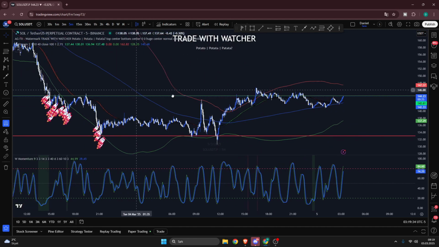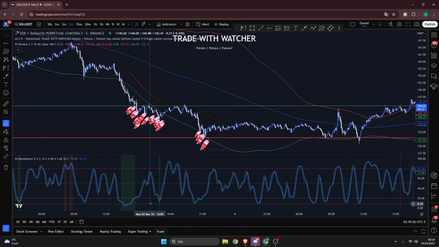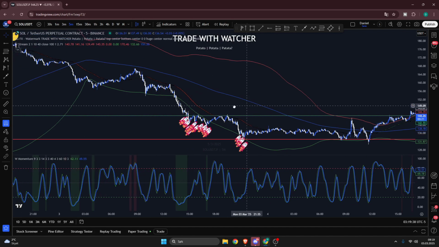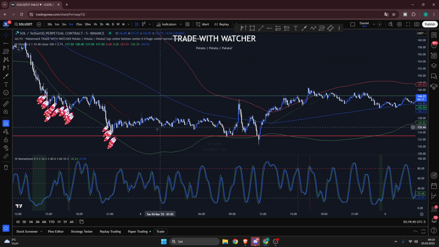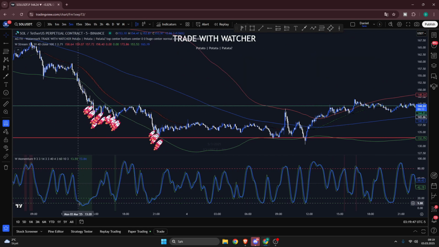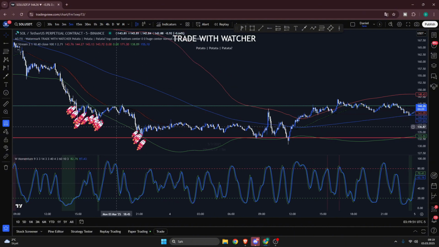Because we have this momentum indicator as well, right? We have the momentum indicator in here. So you can see that the price is giving us rockets right here. We're basically looking for price to give us some kind of momentum decrease to the downside, and you can see that price is decreasing right here, or we can see that the indicator is not making any lower lows in here.